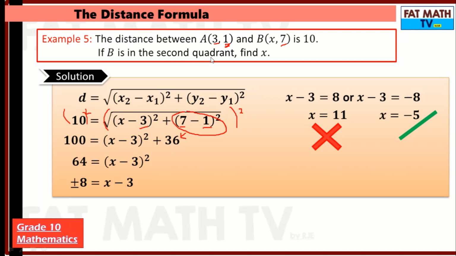Because B is in the second quadrant, and in the second quadrant, we have a negative x and a positive y. If you choose x equals 11, that will give you a B on the first quadrant because you will have 11, 7. So you have to choose negative 5 so that B will be in the second quadrant. So x equals negative 5.